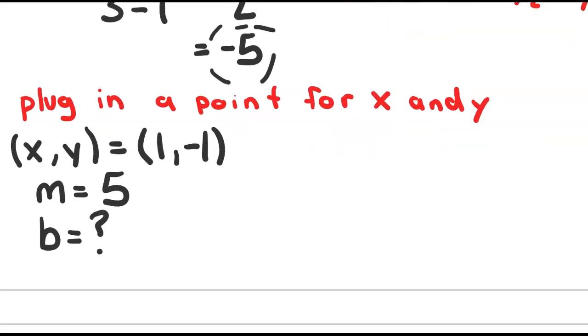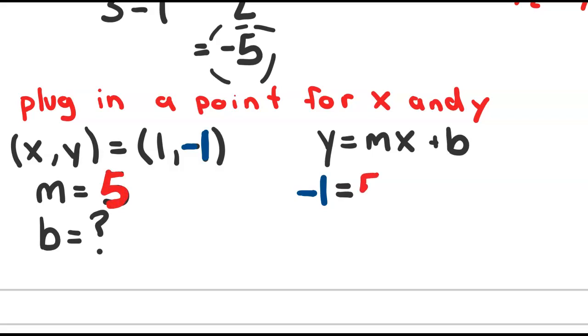So we can solve for b using our slope-intercept form. So that's y equals mx plus b. And now I'm going to plug in different things. I'm going to plug in this -1 as a y value. So that's what I'm going to plug in for y. This is going to be -1, equals m is 5.